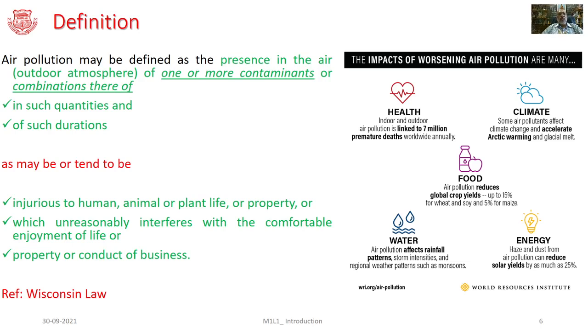So, air pollution could be defined as the presence in the air, and we are restricting our scope to the outdoor atmosphere, of one or more pollutants or combinations thereof in such quantities and for such durations which could be or which tend to be injurious to human, animal or plant life or property, or which unreasonably interfere with the comfortable enjoyment of life or property or conduct of business.